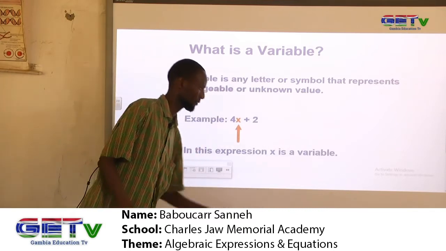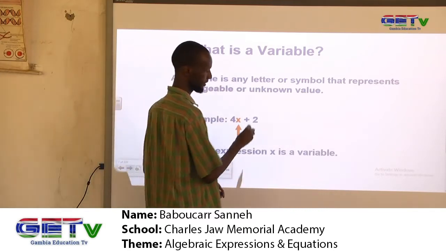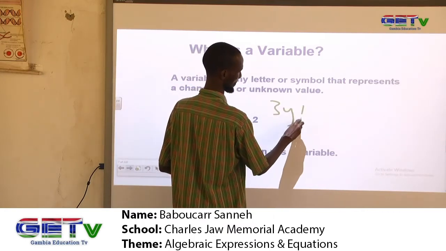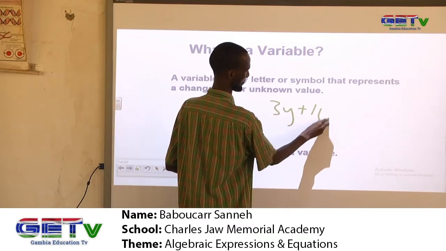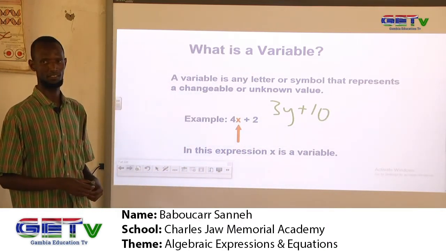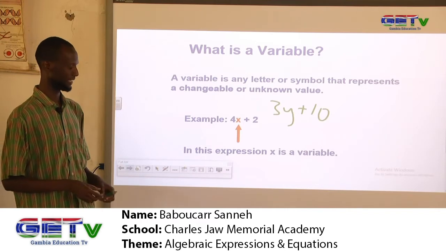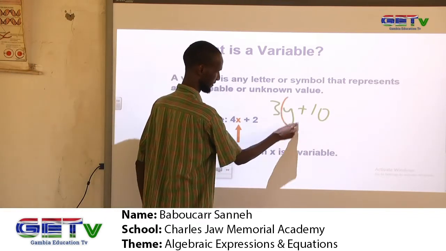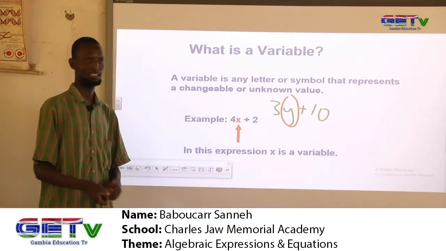Let's look at another example. I may be given 3y plus, let's say, 10. Now, what is the variable in that? We know the variable is the letter, so obviously, the variable we have here is the y, because that is the letter.